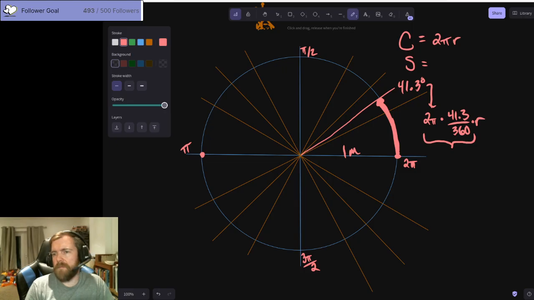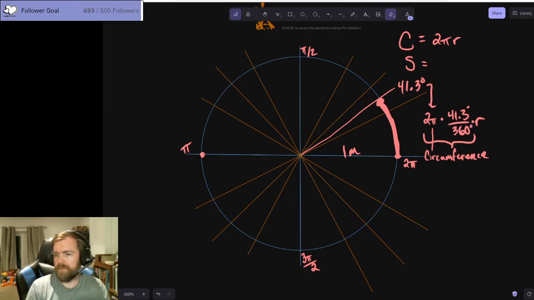So yeah, when we're looking at any random arc length, we're looking at 2 pi, which is going to be the circumference amount, and then we have our 41.3 degrees divided by 360 degrees, which gets us the proportion amount.